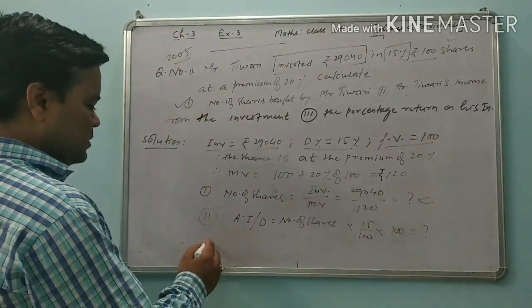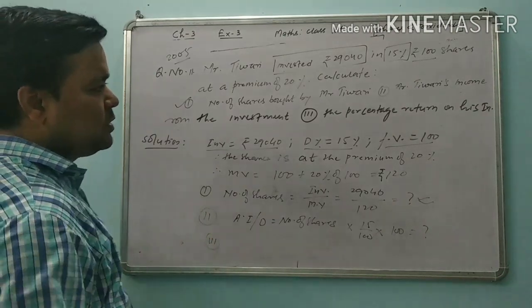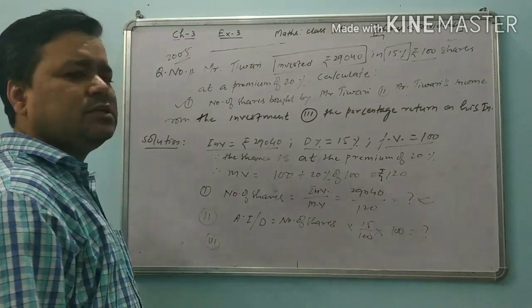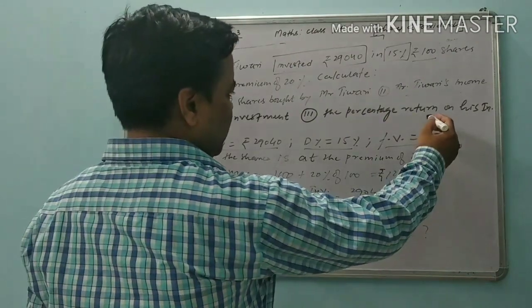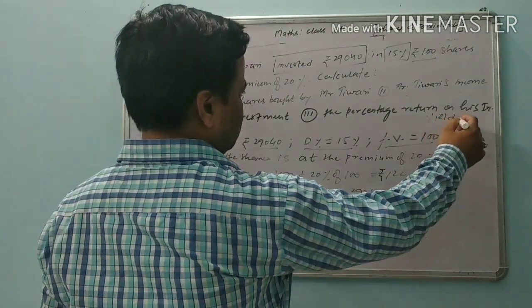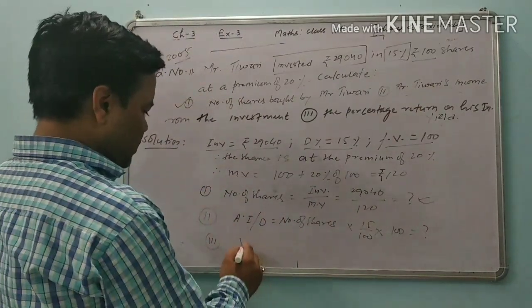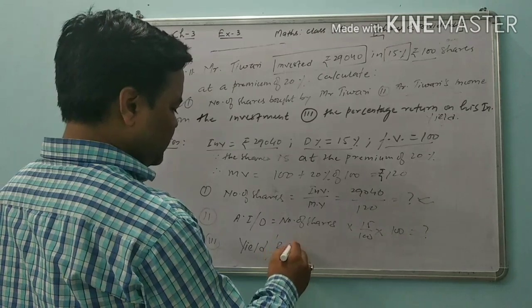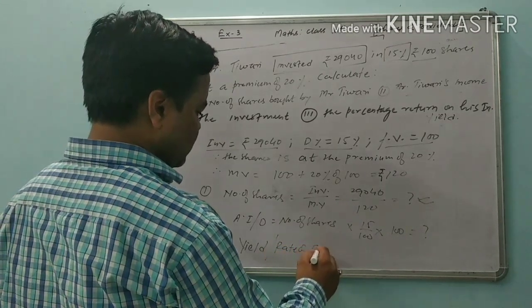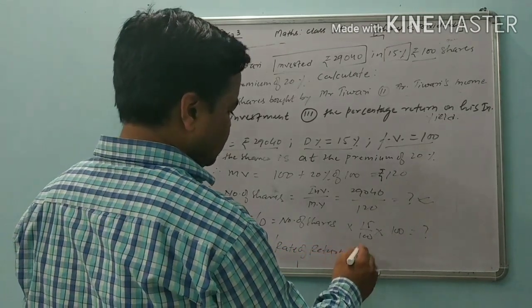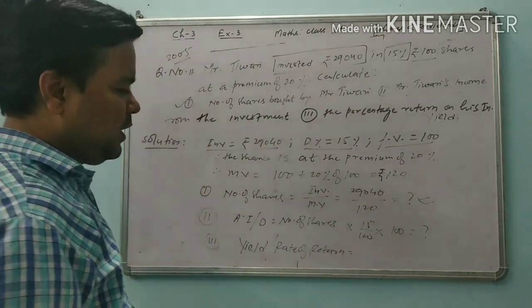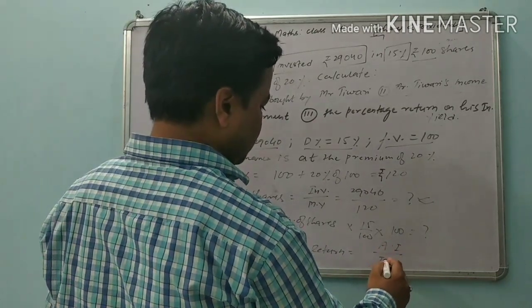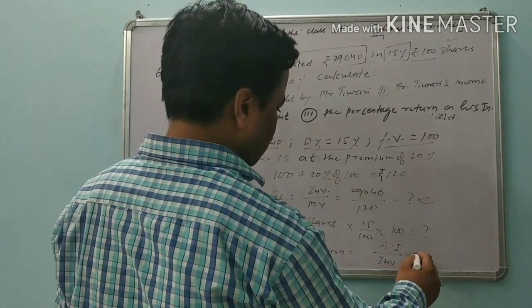Now the third question is the percentage return on his investment. Basically, this is called yield, yield percent, or we can say rate of return. Rate of return is annual income upon investment into 100%.